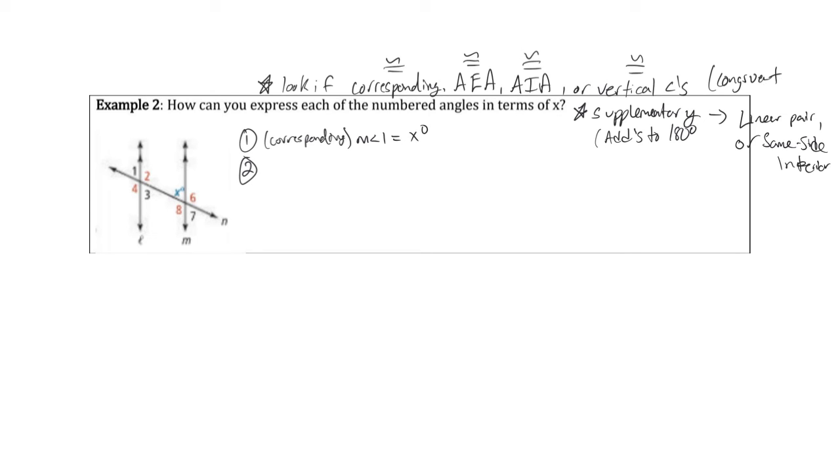Angle 2 and x are same side interior, because n is our transversal, and then L and M are the parallel lines. You'll most likely see L and M most of the time for your parallel lines. If they're same side interior, that means they're supplementary, so they add up. So the measure of angle 2 plus x degrees equals 180 degrees.